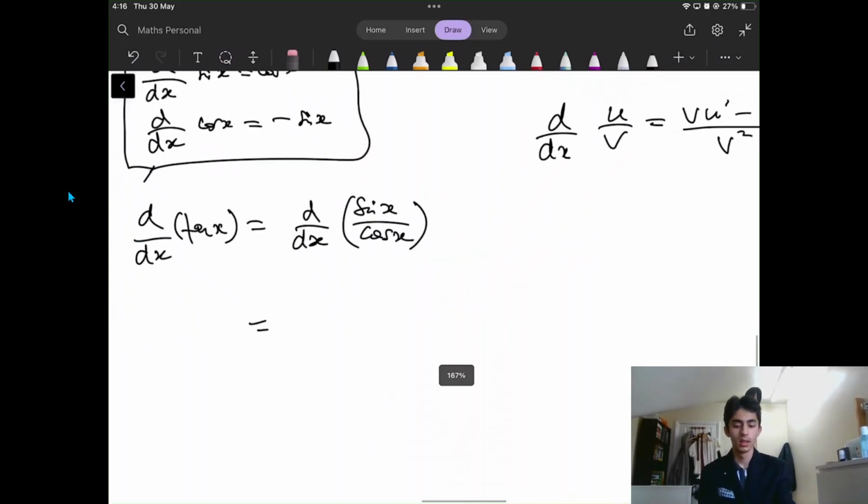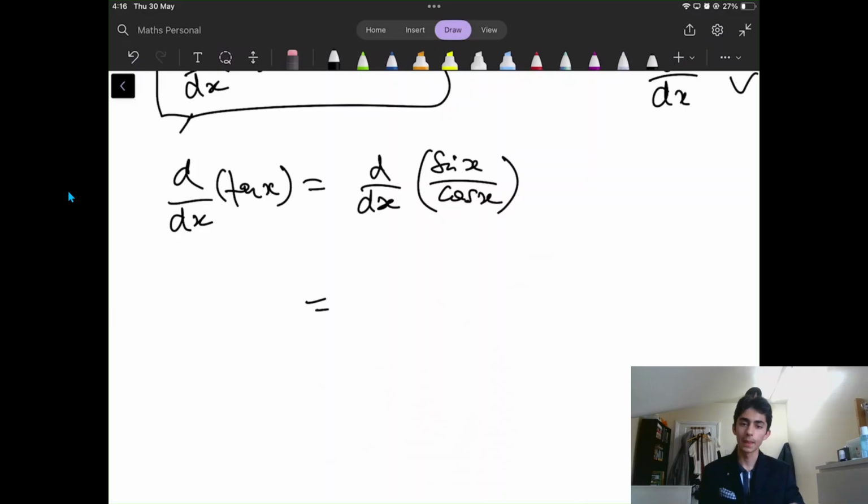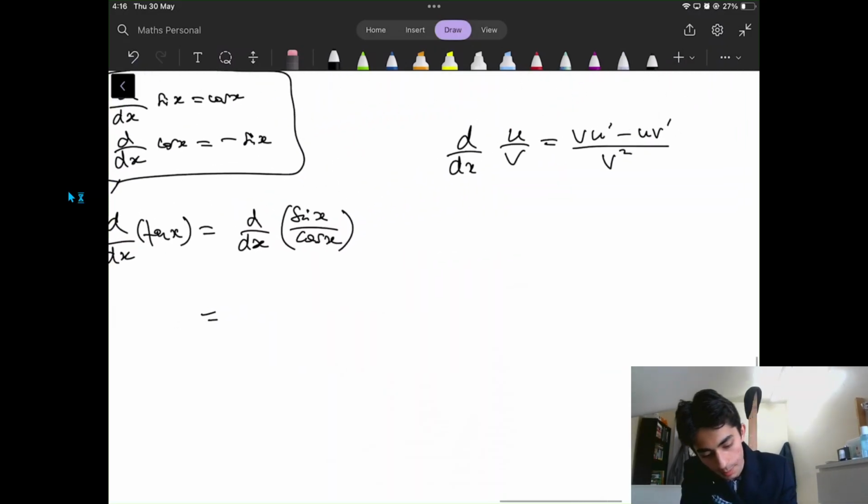But yeah, here the derivative of sine over cosine. In this case, let me try and color coordinate everything. Instead of u of x, we have sine of x, right? So I'm going to do it like this, sine of x. And instead of v, we have cosine of x, right? Which I'll do in purple. That's looking fine.